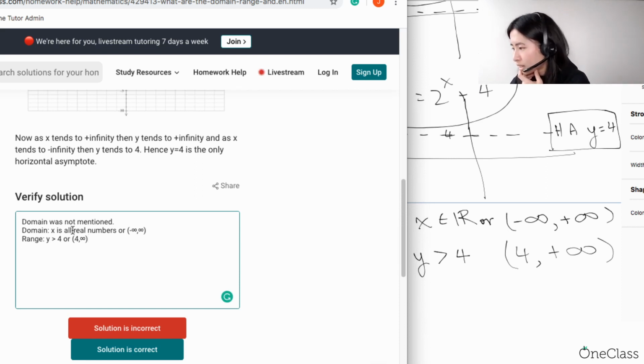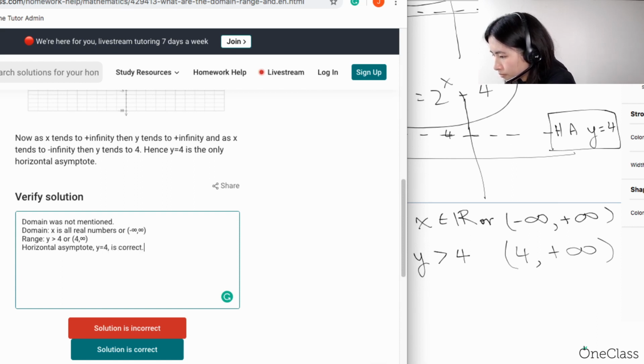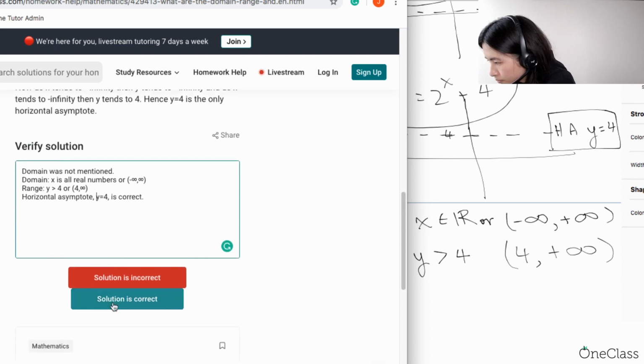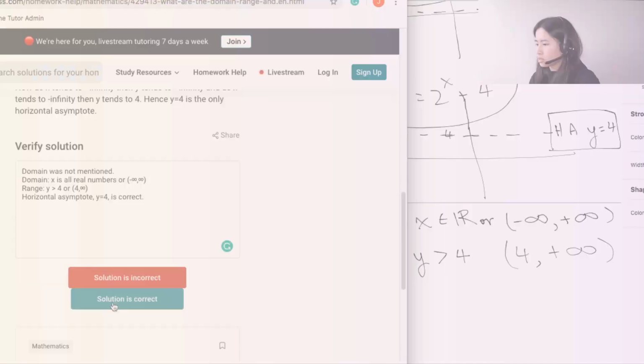So just keep that in mind, and the horizontal asymptote is correct. Okay, great.